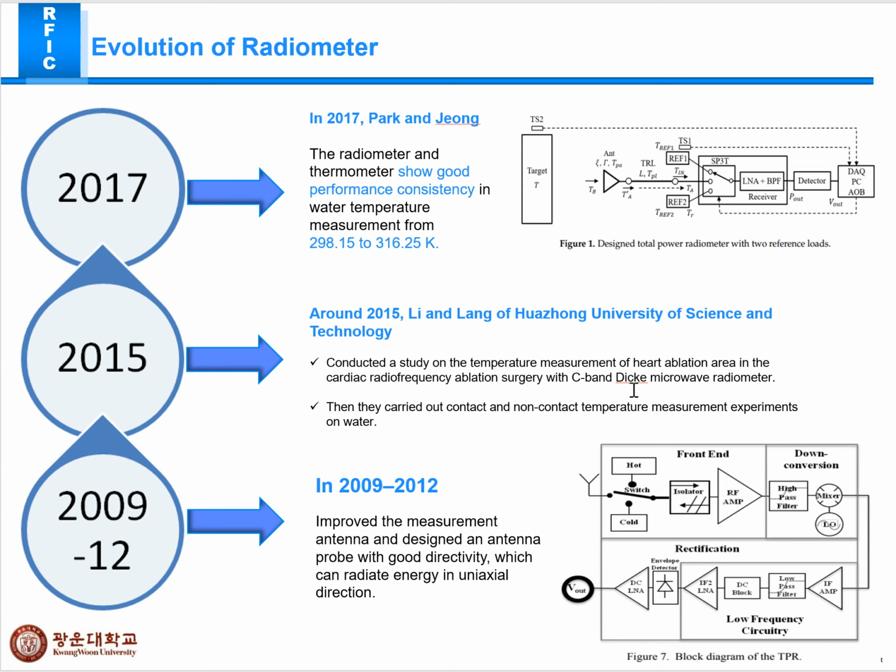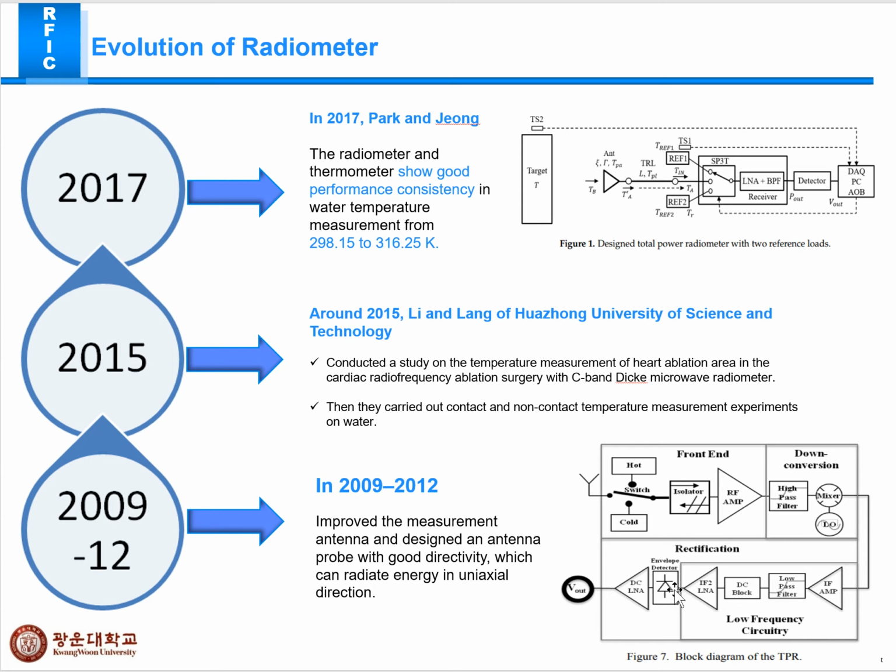This is the front end part. In the front end part there is an isolator and RF amplifier, and further it has a down conversion, high pass filter, and there is a mixer, and then it connects with the IF amplifier, then a low pass filter, DC block, and IF LNA.